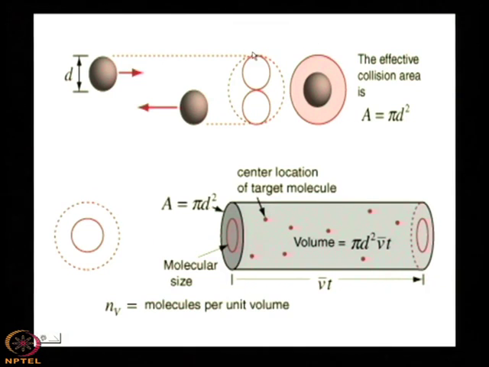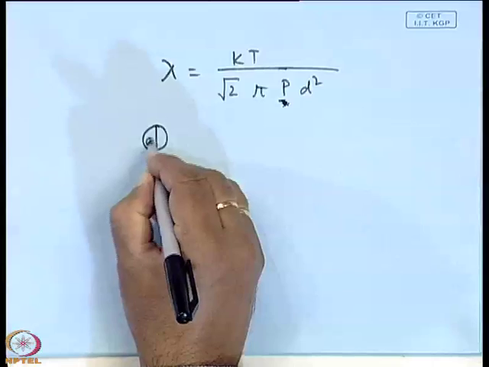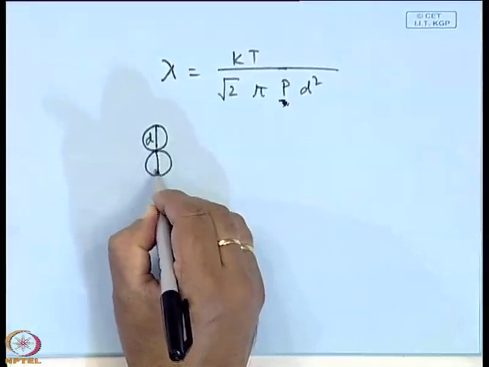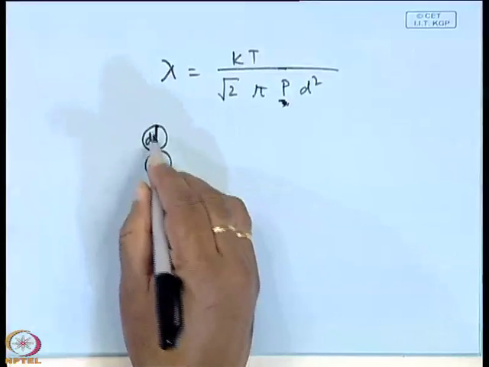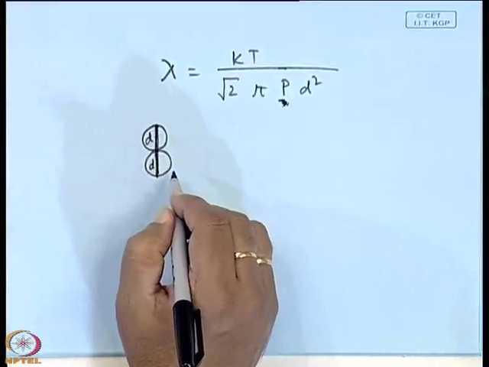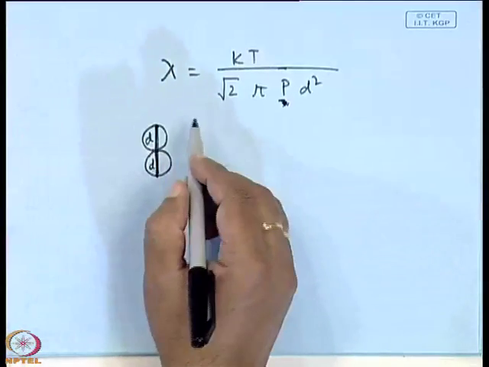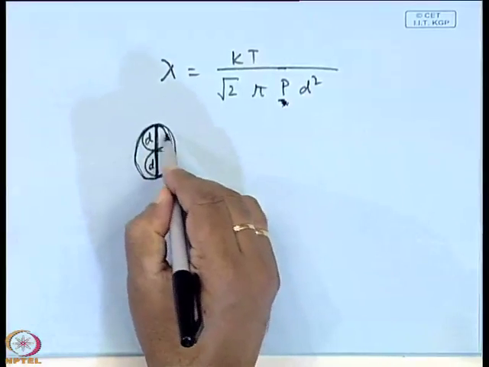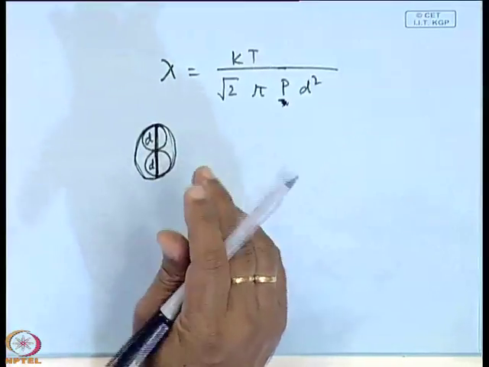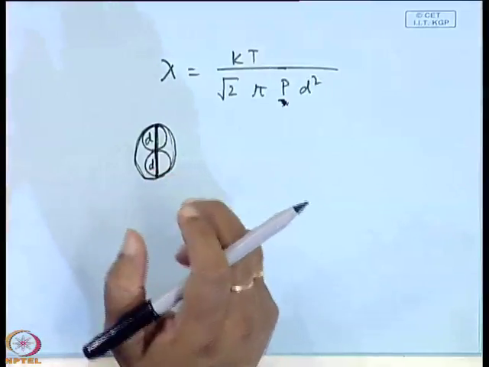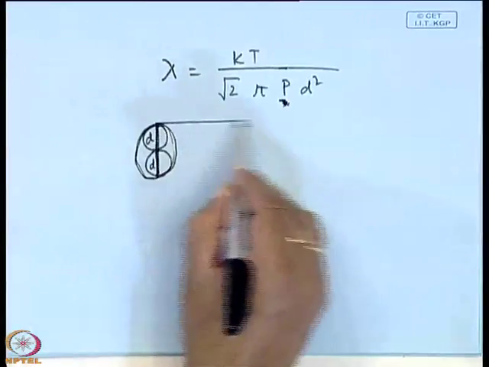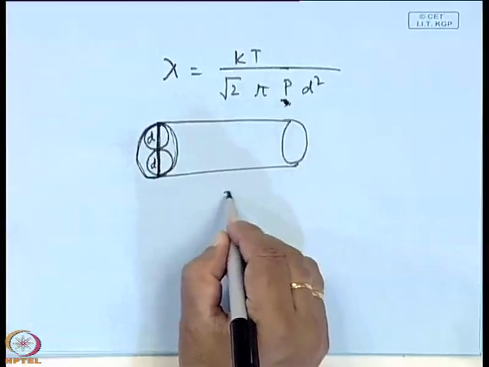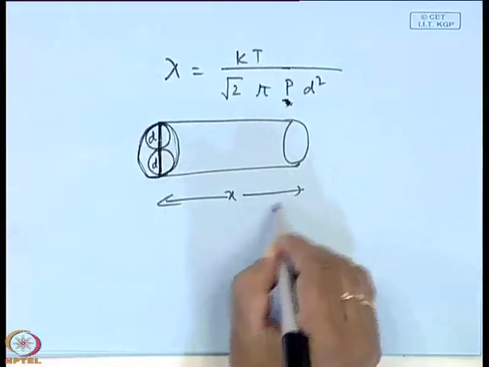This is one atom of diameter d, and this is another atom of diameter d. So, the total diameter of this system is 2d. So, this 2d is the new diameter of a theoretical sphere, which will move, say, up to the distance of x in time t.